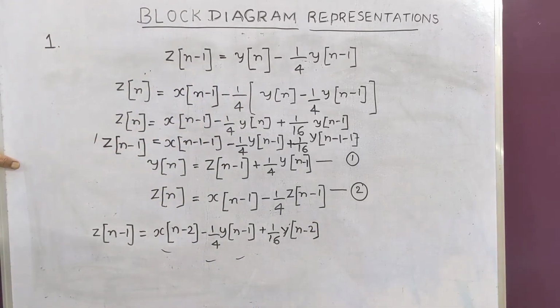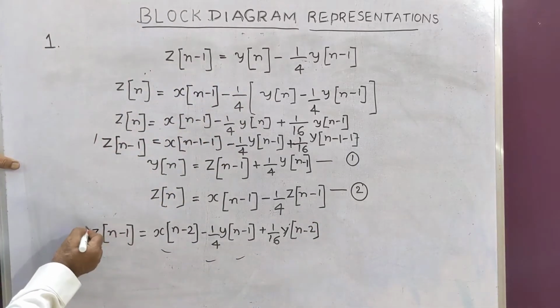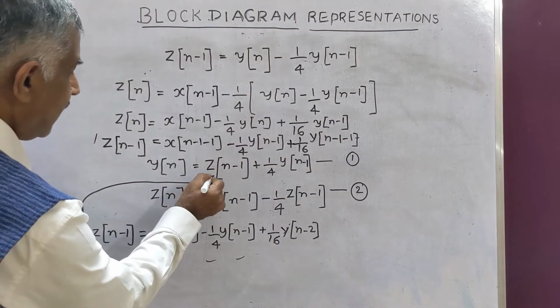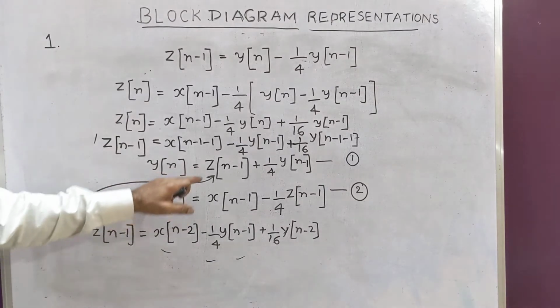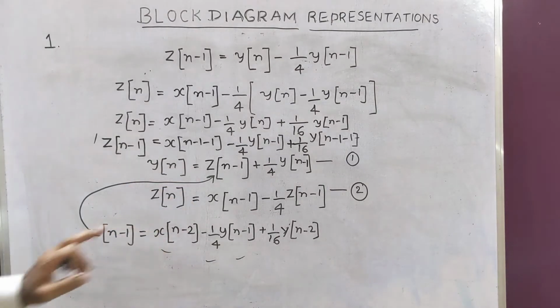Now take equation number 1 once again and substitute z of n minus 1.